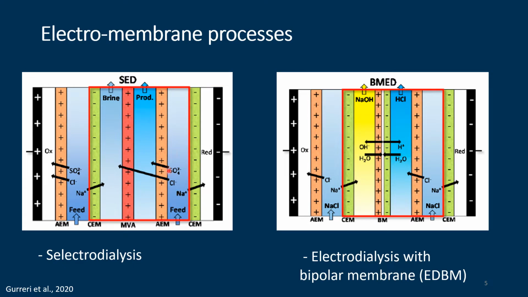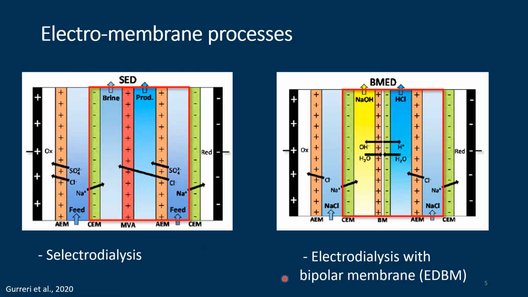For example, we have chloride and sulfate ions. The monovalent ion can pass through the anion exchange membrane as well as the monovalent anion exchange membrane to create brine and product water. However, sulfate ions, the divalent ion, can pass through the anion exchange membrane, but cannot pass through this monovalent anion exchange membrane. So you can collect your ion very selectively using this electrodialysis membrane process.